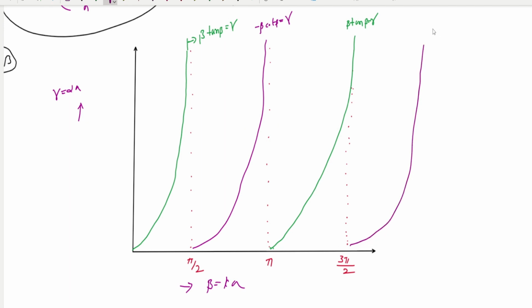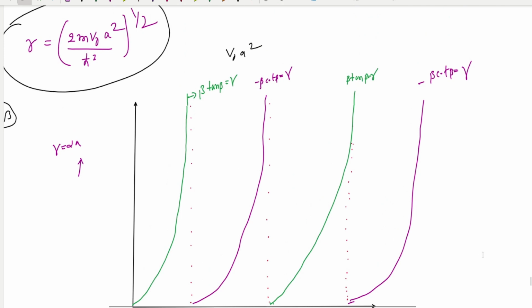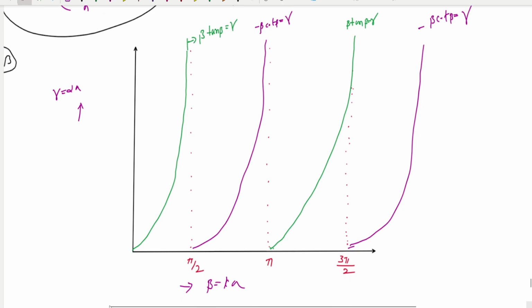First you try to practice the y is equal to tan x graph and y is equal to minus cot x graph. First you need to understand the y is equal to cot x graph. You can draw y is equal to cot x, then you can draw y is equal to minus cot x graph, then you can get this answer. Then only can you understand this thing.